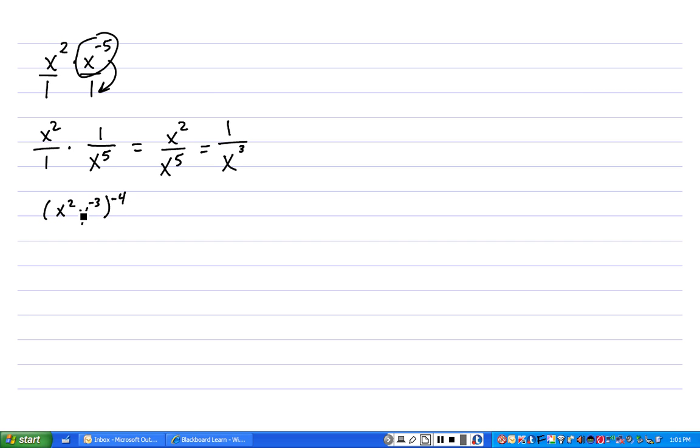You can go ahead and set this up to where you take care of this negative exponent inside of the parentheses and then distribute the negative 4, or you can go ahead and distribute the negative 4 up front. So I'm going to go ahead and distribute the negative 4 up front. So I'm going to multiply all exponents by negative 4. So that's going to give me an x to the negative 8 and a y to the positive 12.